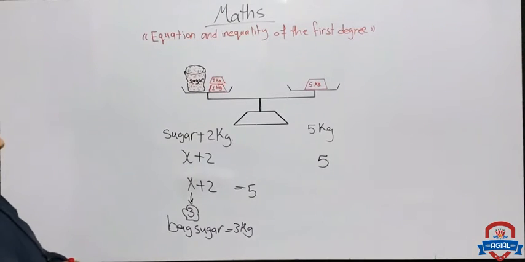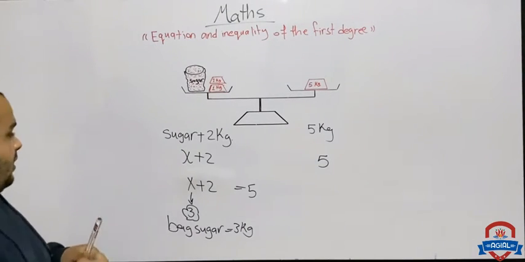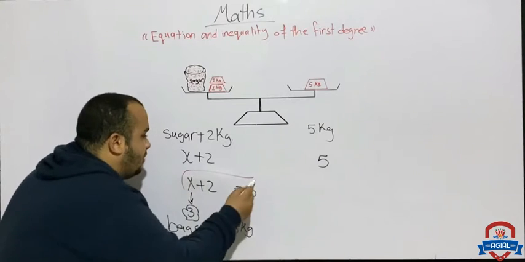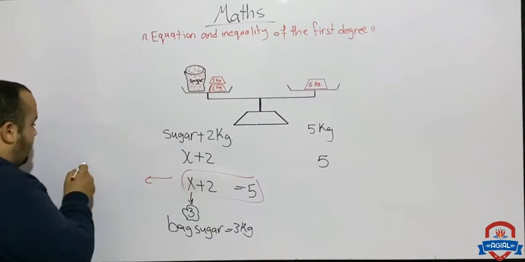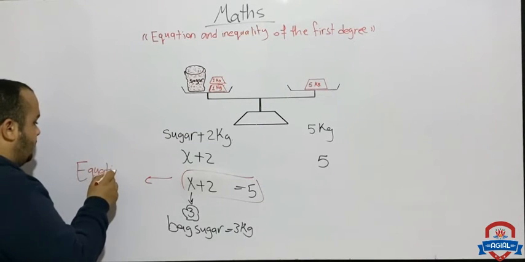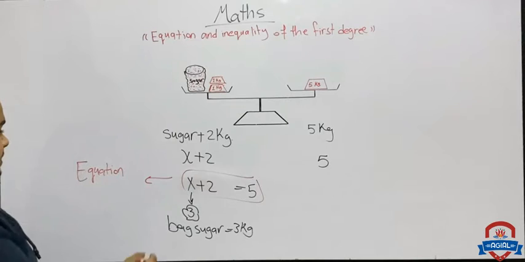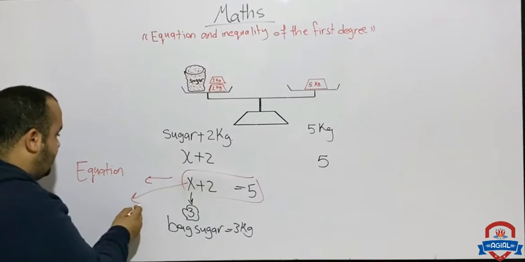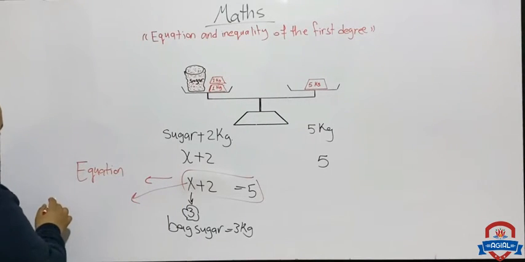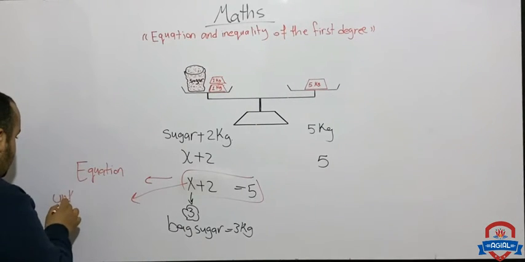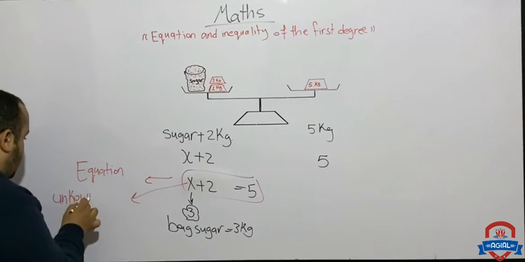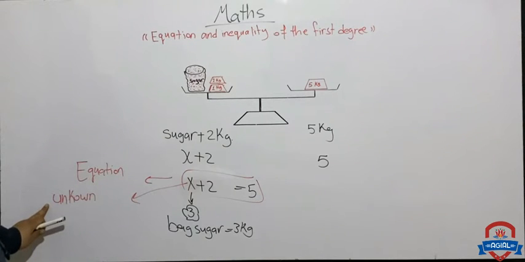And notice that x plus 2 equals 5 is called an equation. And x in this equation is called the unknown or the variable.